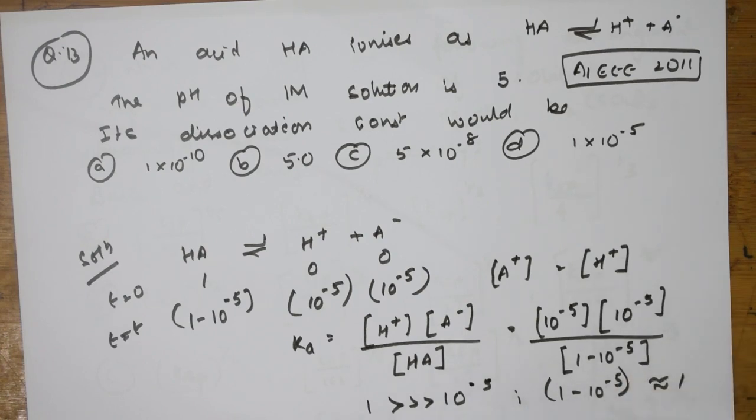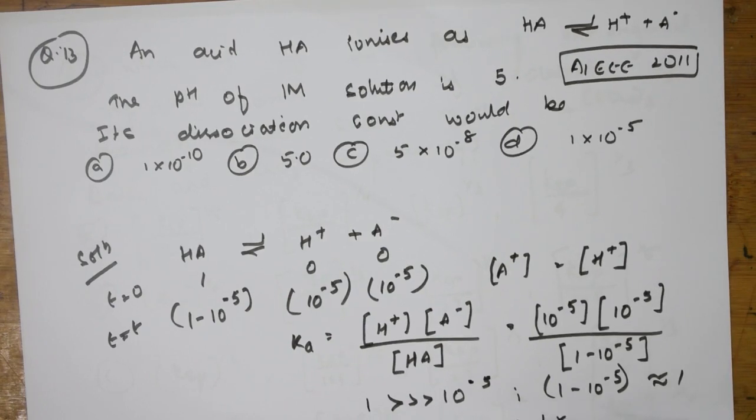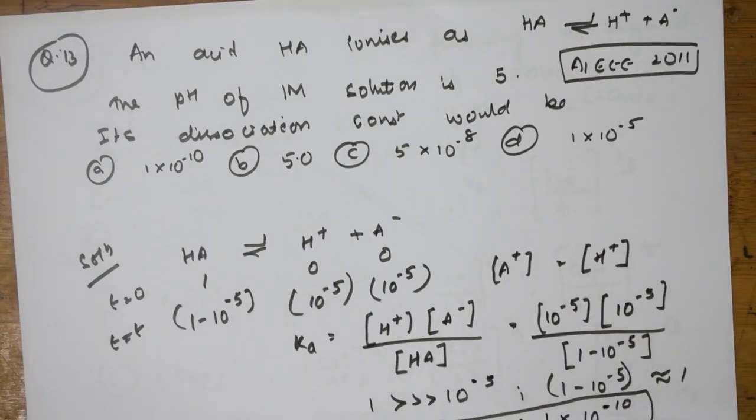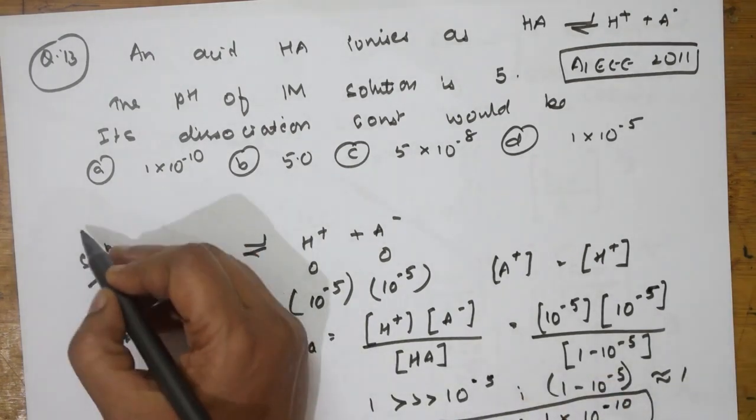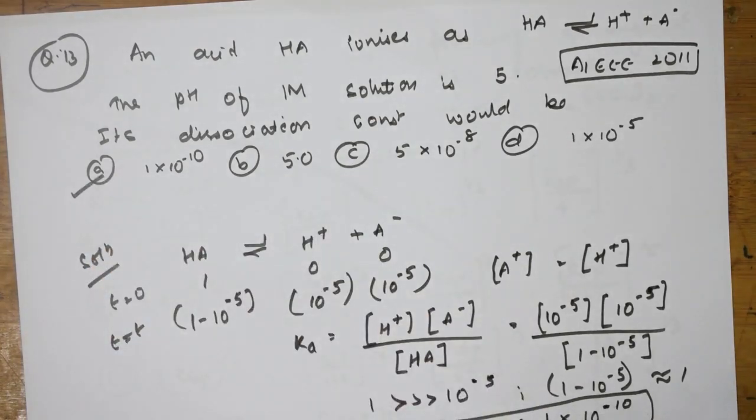If I solve this, Ka will be 1 into 10 raised to the minus 10. So this is the answer when I solve this. Correct? Yes. Hope this is clear, because how did I get it? This is your 10 to the minus 5 squared, and this is 1. 1 into 10 raised to the minus 10 is the option. This is the correct answer. Yes. So hope this is clear.